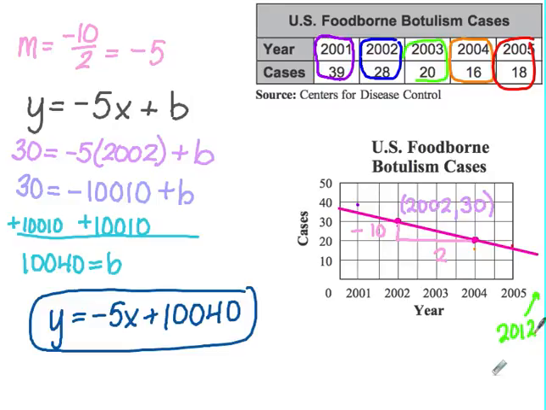So if that's an x, all I have to do is go back to my equation and take -5 times 2012 and add 10,040 to that. That should tell you how many cases you're going to have. And in fact, this doesn't work because this is actually going to be a negative. But that's what you would do on your homework for today.